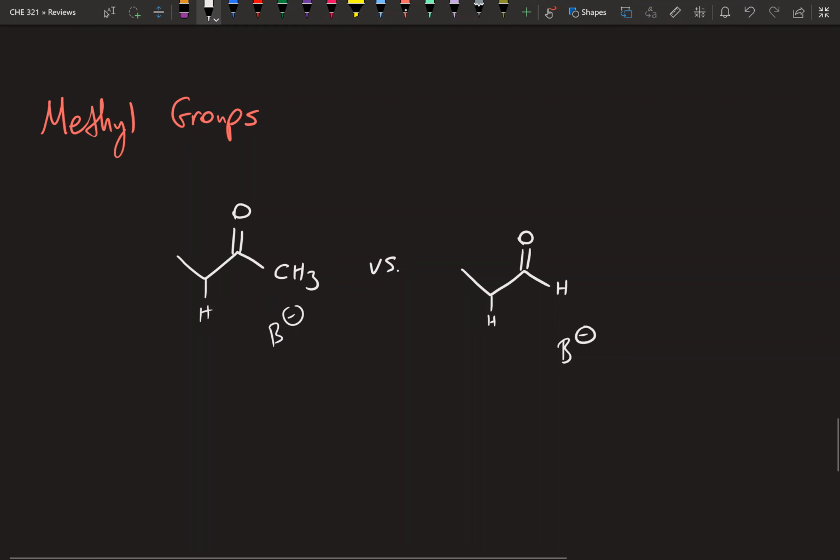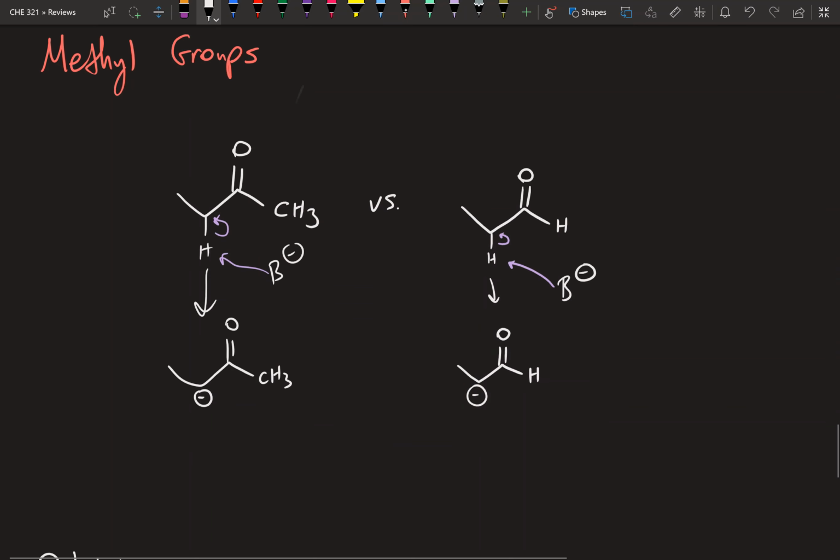Alright, and so let's draw our arrows. Okay, so these are our two conjugate bases.